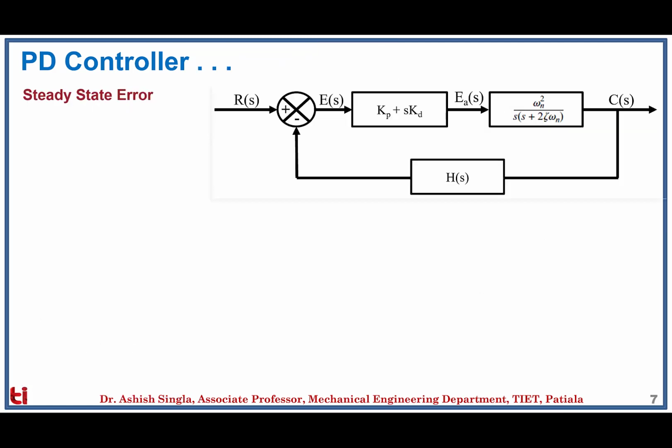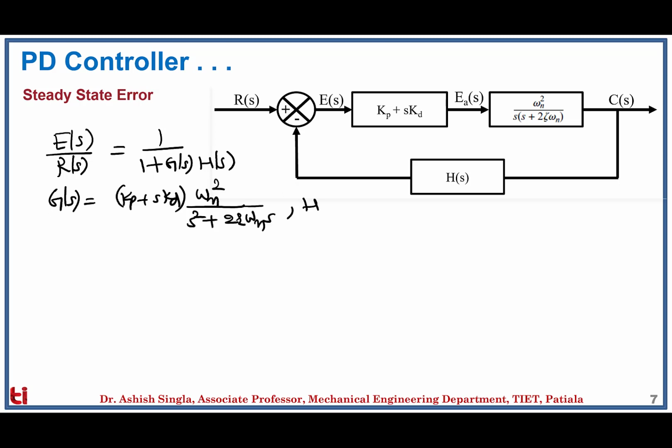So next we are going to discuss the steady state error, which we know is given as E(s) by R(s) is equal to 1 upon 1 plus G(s)H(s), and we know that G(s) in this case is given as (kp plus s kd) times omega n square upon s square plus 2 zeta omega n s, and H(s) in this case is equal to unity.